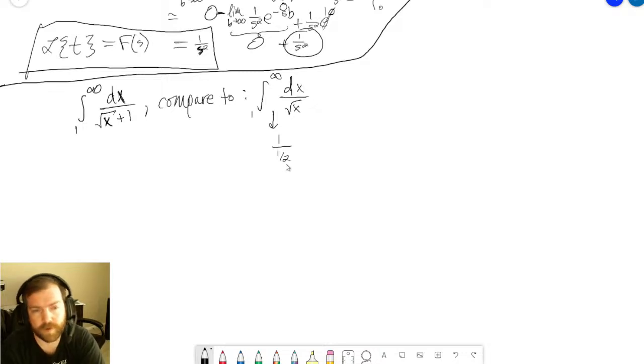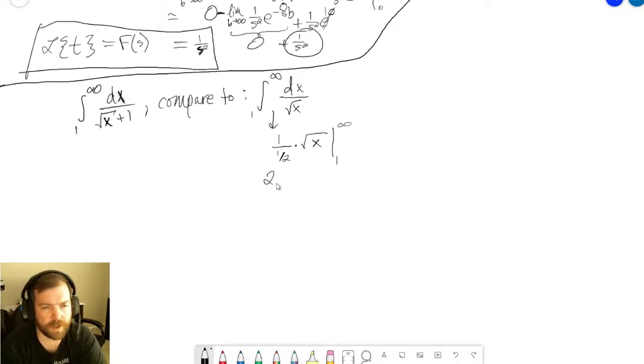So 1 over 1 half times just the square root of x, evaluated from 1 to infinity.